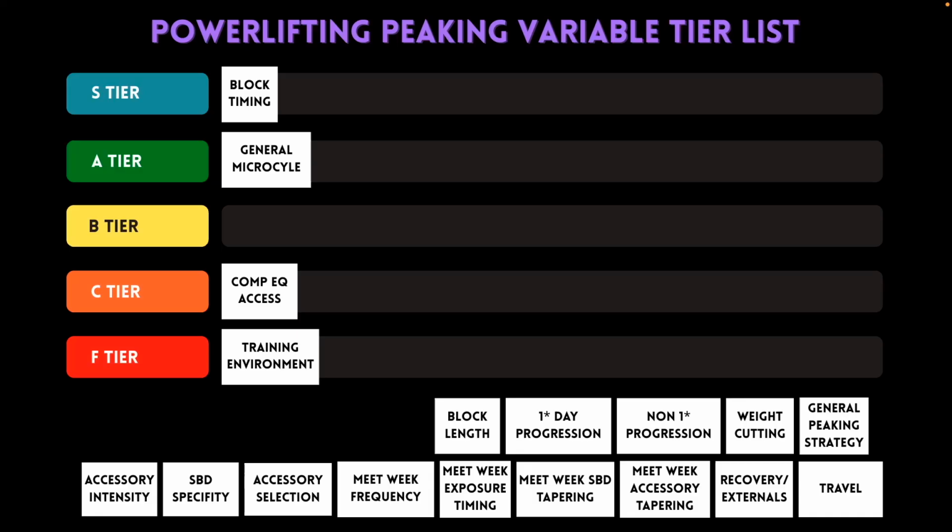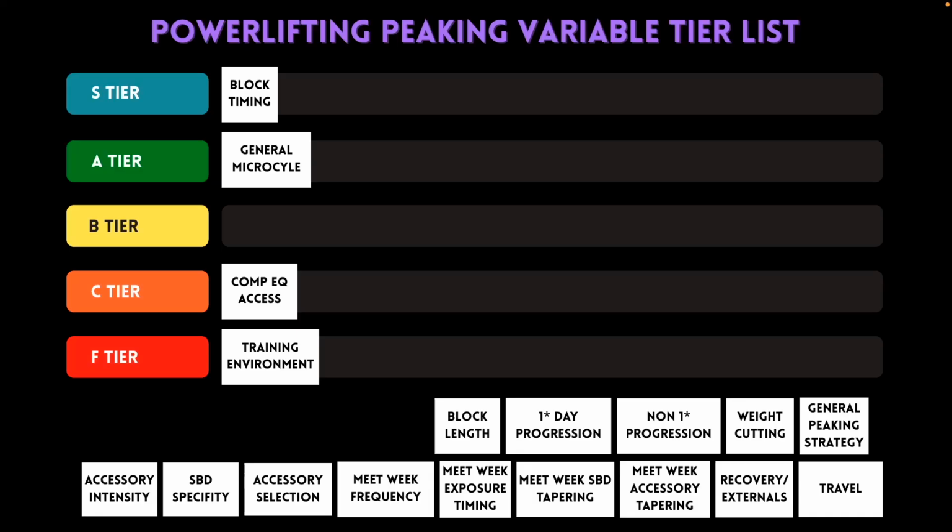So block length is sort of a byproduct of block timing and also general microcycles, mesocycles, and the general peaking strategy. So it's related to all of these things, but in itself, I don't know that it makes a huge difference individually from all of those other things.